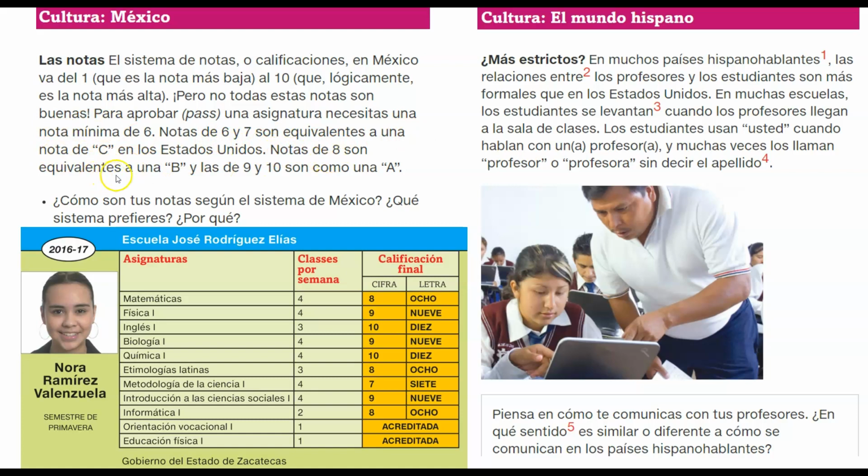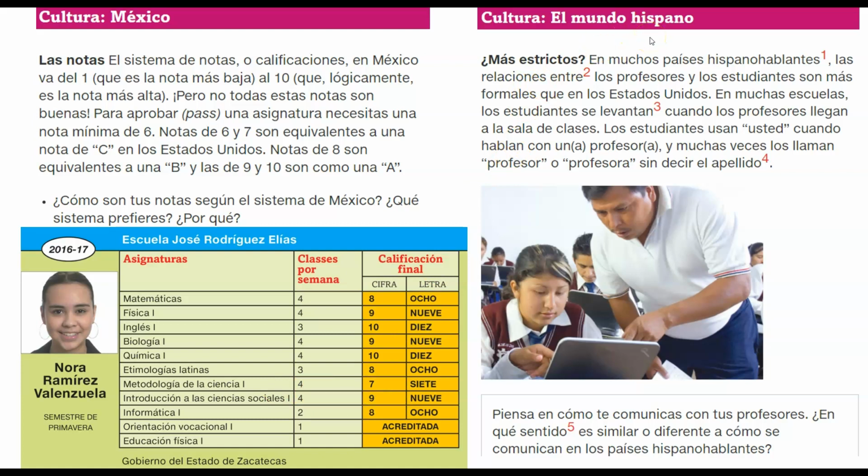Grades of 8 are equivalent to a B, and 9 and 10 are like an A. So how are the notes according to the system in Mexico, and what system do you prefer? So it's very similar, right? Think of like 60, 70, 80, 90. So you can see all the grades here are pretty good except for Metodología de Ciencia 1. She has a 7 here.